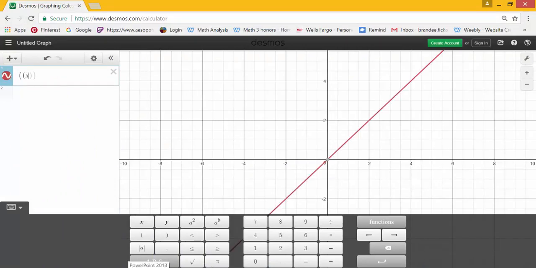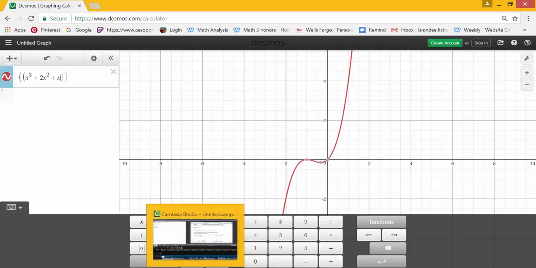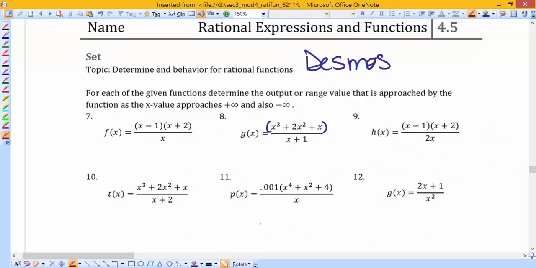So x cubed plus 2x squared, whoops, I forgot the 2, and then plus x. Let me double check that that's correct. X cubed plus 2x squared plus x, and then all over x plus 1.